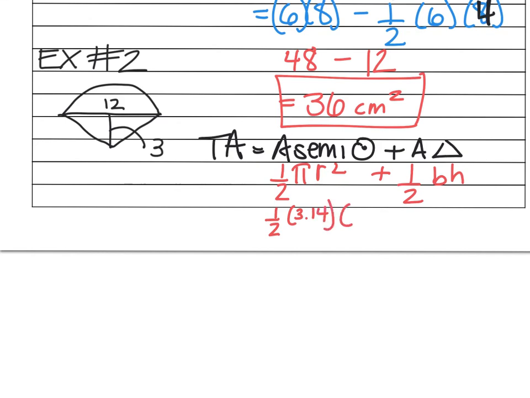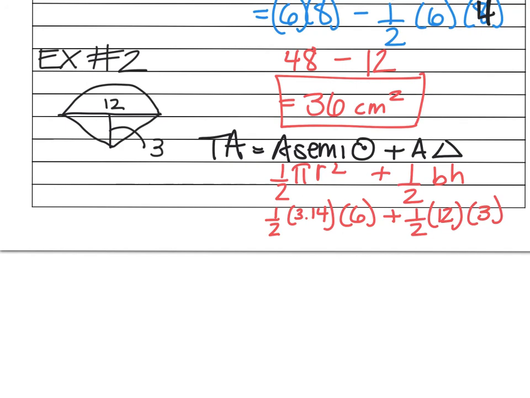So let's look right here. This whole thing is 12, so we just want half of it. So we're going to plug in 6 plus 1/2 our base of our triangle. If we look, it is 12 and our height is 3. So we're going to have 12 times 3.